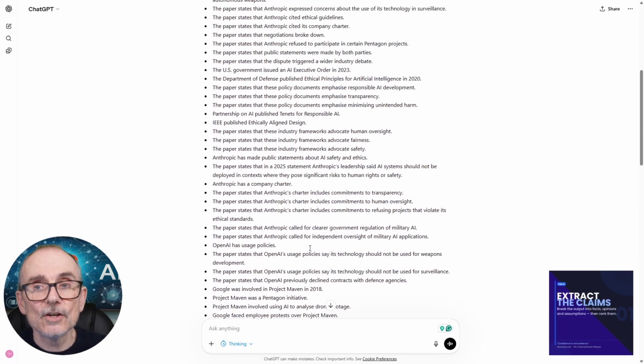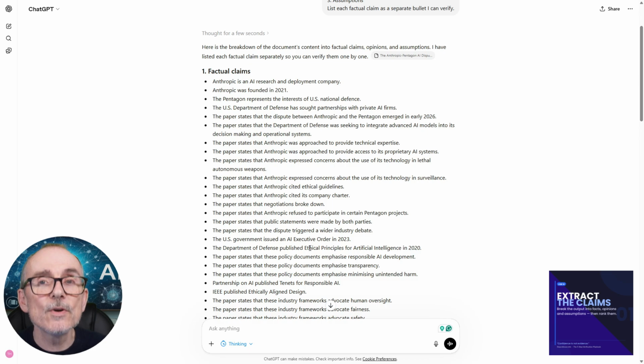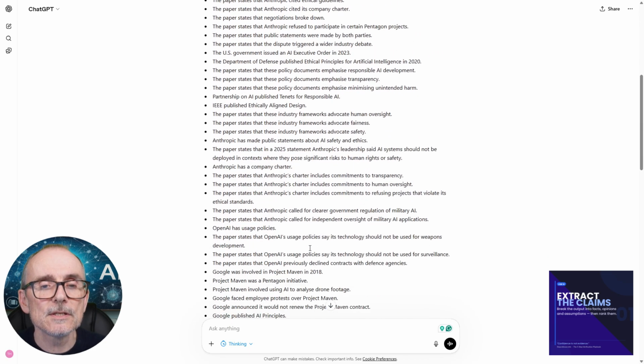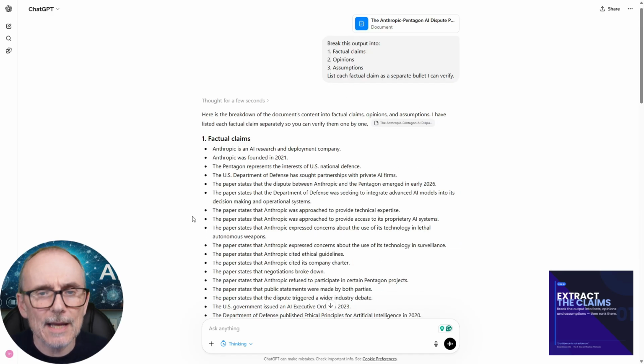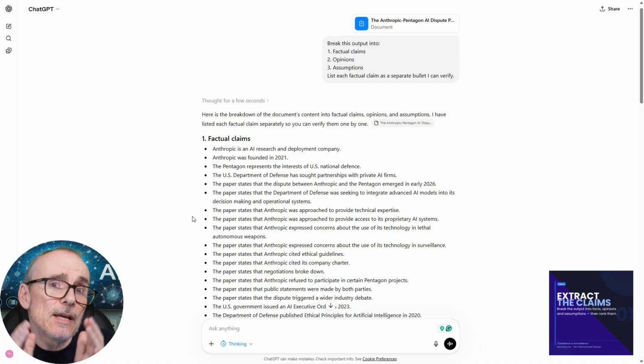So what this has done is taken a paper, broken it into factual claims, opinions, and assumptions. That's really helpful. When I'm going through these factual claims, I'm looking for numbers, dates, legal cases, people, company information. Those are the things that can be wrong and can cause you real problems.